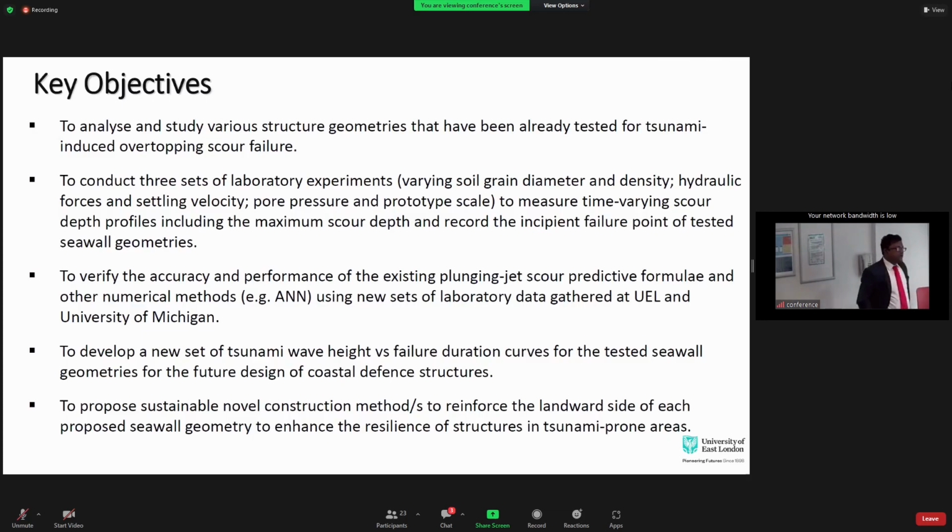The key objectives of my study are analyzing the various structure geometries and numerical models which have already been proposed.